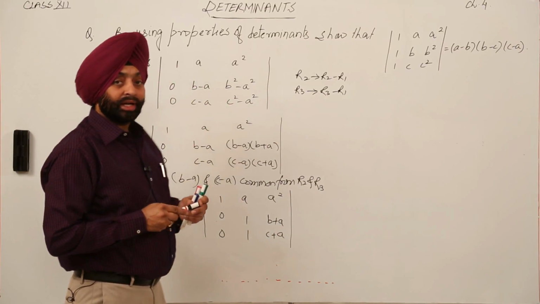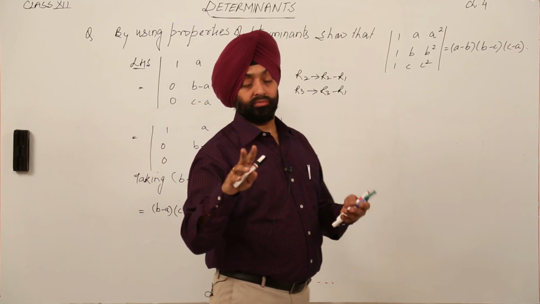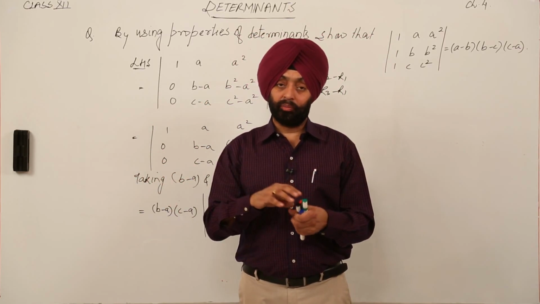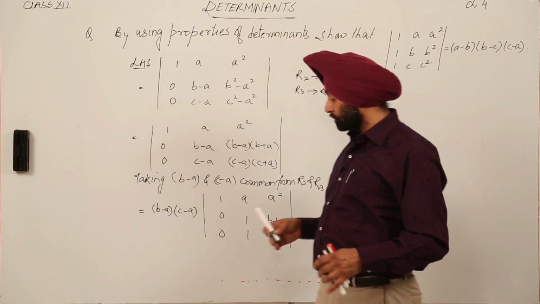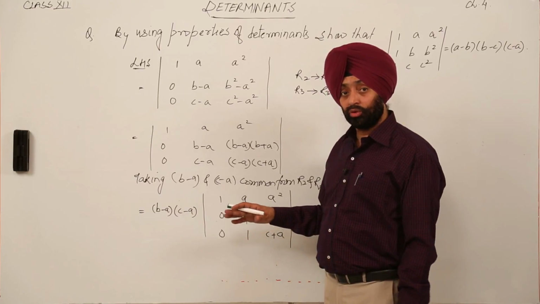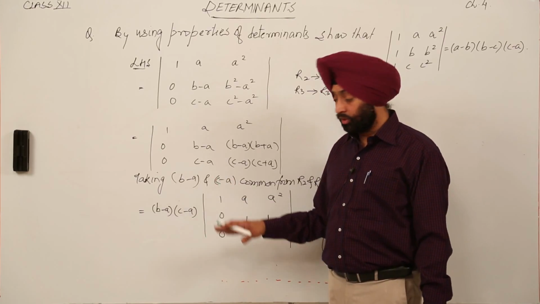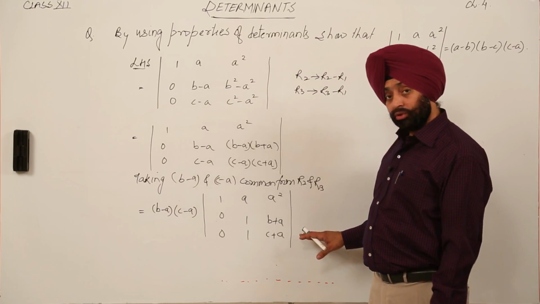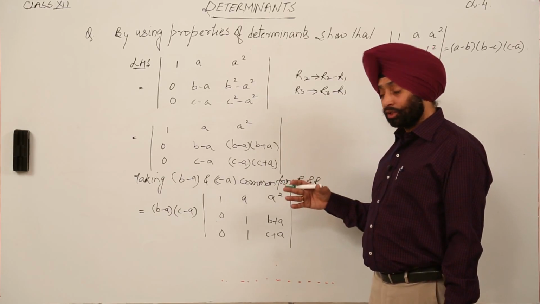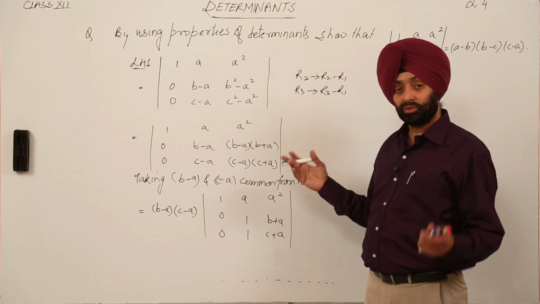Now when we are getting two zeros in either a row or column, then expand the determinant. We need not apply any more operations. If you are trying to apply one more operation, you can do it, for example C3 minus C2, to make one more 0. It's okay, no problem.